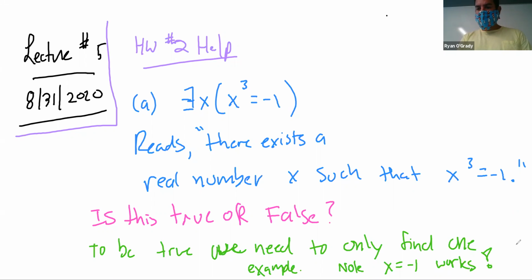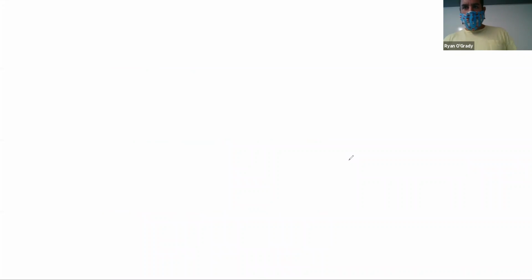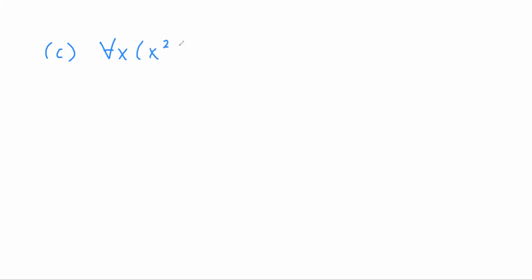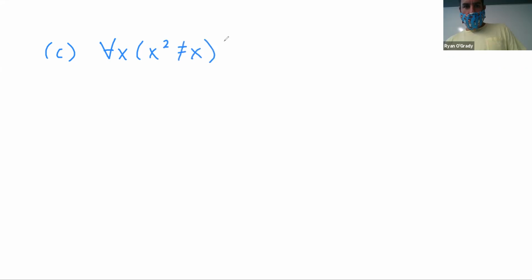Does anybody have a question about this piece? Now, let's look at one like C. So for C, we'll use what's called the universal quantifier. C reads: for all x, x squared is not equal to x.